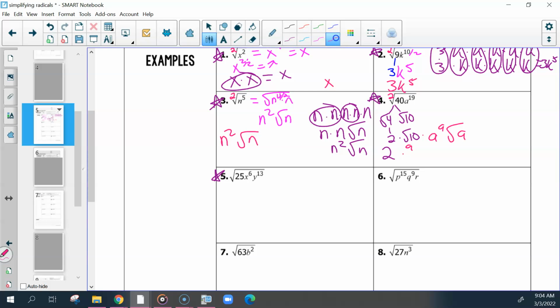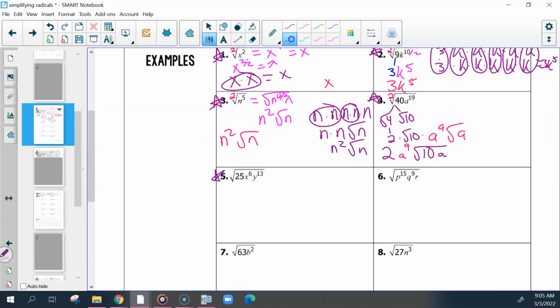I'm trying to make one actually look like an a. Underneath, we would have the square root of 10 and a. So our final answer would be 2a to the 9th times the square root of 10a inside.